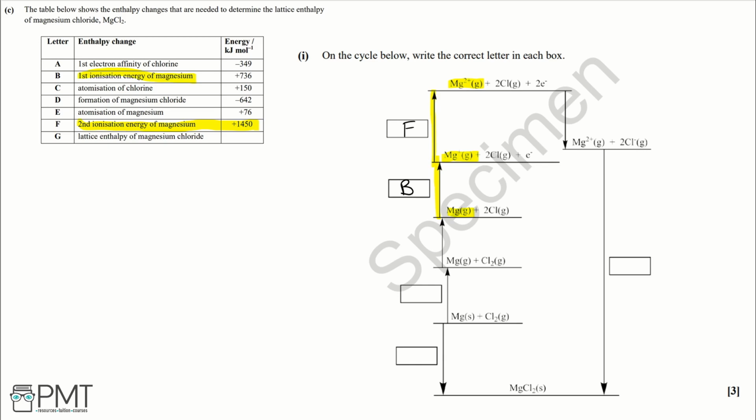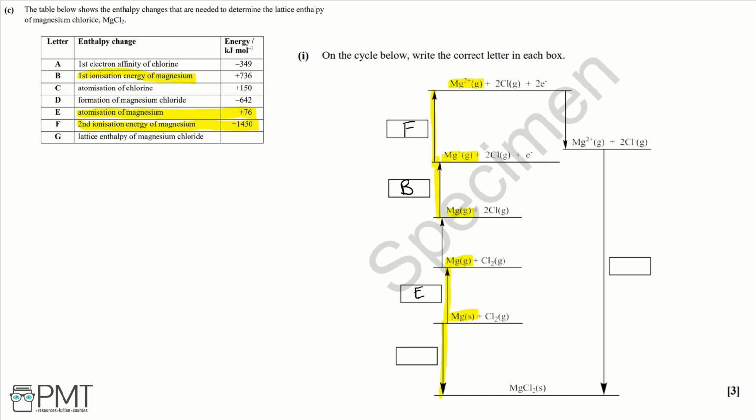Then if we continue down and look at this arrow, what's happening is magnesium solid is going to magnesium gas, and that's called the atomization energy of magnesium, so we can label this E. Then looking at the next arrow down, we've got magnesium solid and chlorine gas going to magnesium chloride.